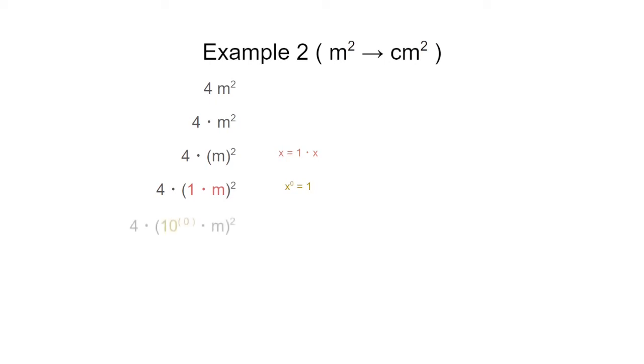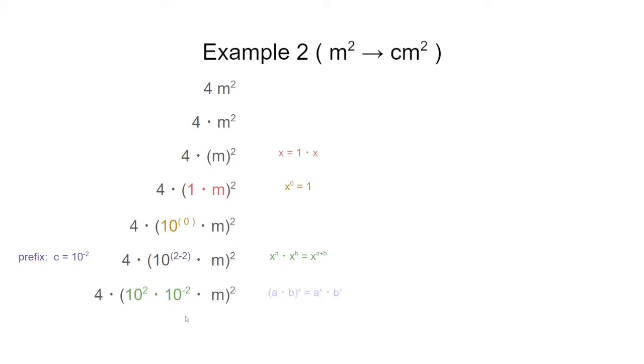Then we write 1 as 10 to the power of 0, like in example 1. I added brackets there so that we can see where we will do the next step. We will write 0 as 2 minus 2, 2 because of the prefix centimeters here. That has 10 to the minus 2. We use rule number 3 that says that a plus b raised to the x can be written apart like this.